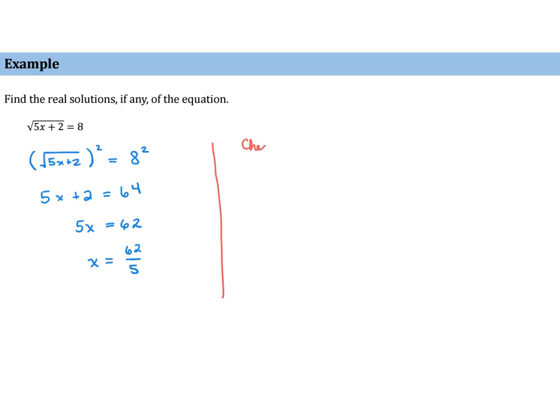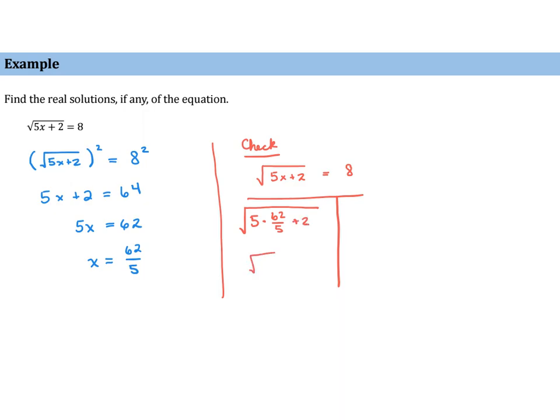Let's check our work. We have the square root of 5x plus 2 equals 8. Let's substitute 62/5 back into the equation. So we have 5 times 62/5, plus 2.